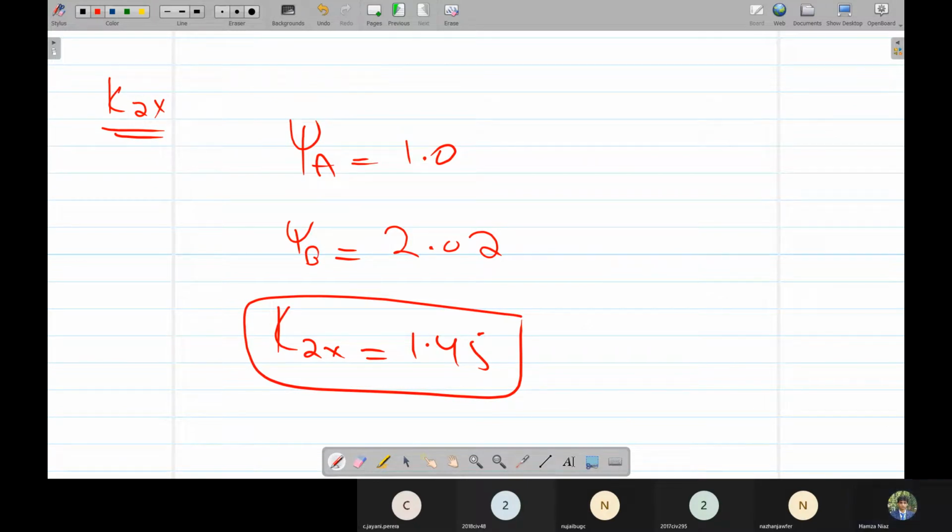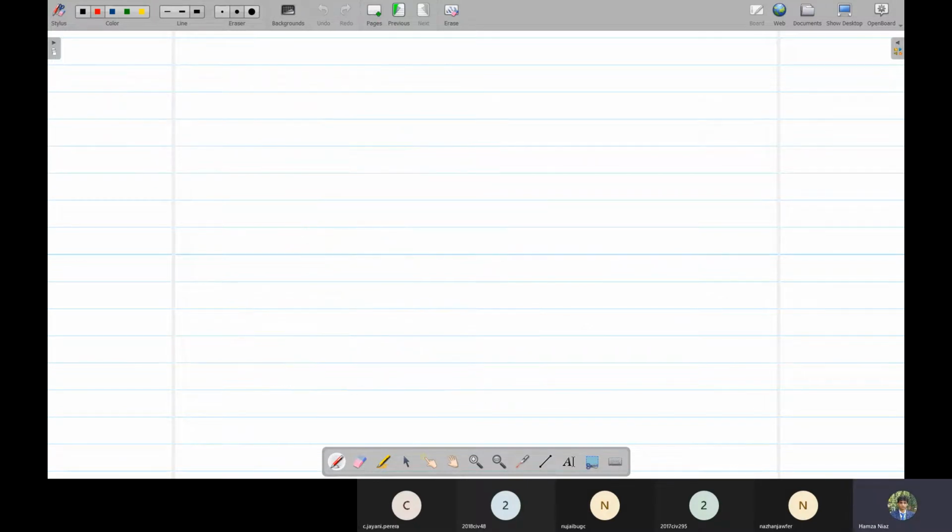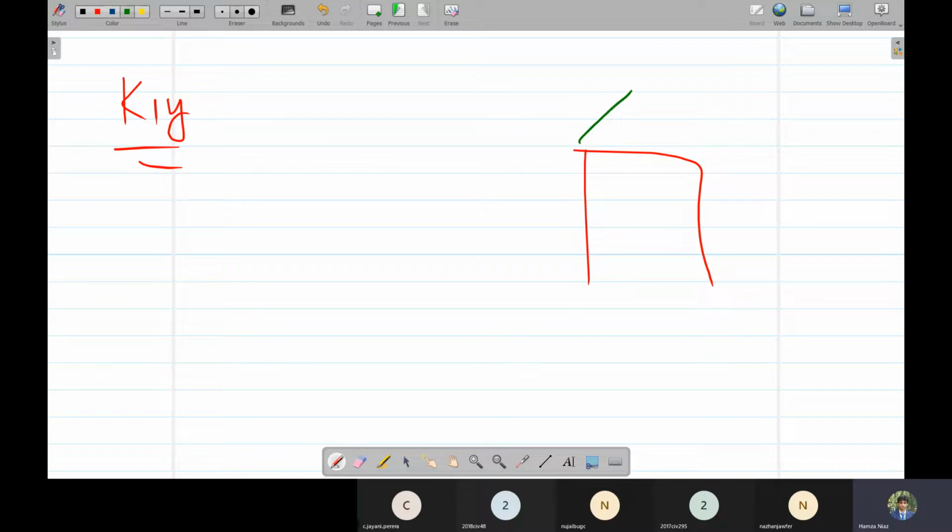Okay. So again, we have to find K1y because there is no information. We are only given information about this 2D frame. There is no information given that there are beams into the page, or columns in that direction. So we are going to assume K1 is 1.0.